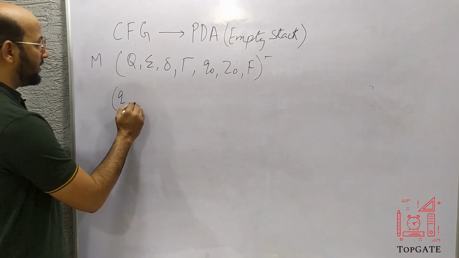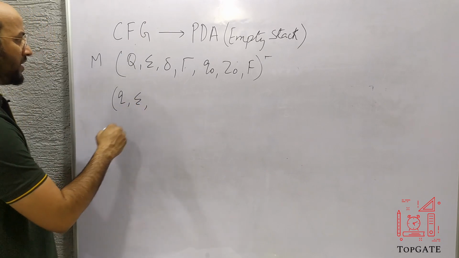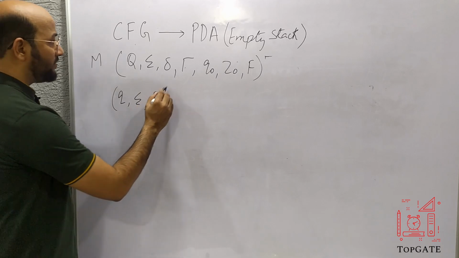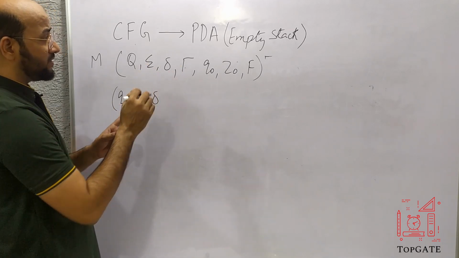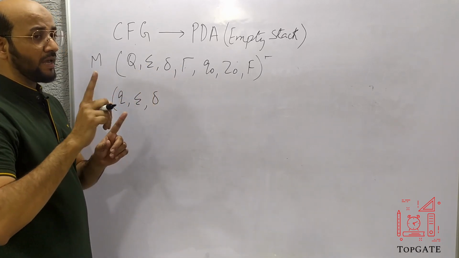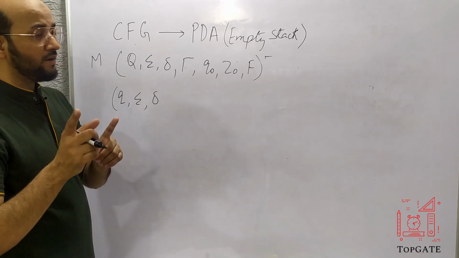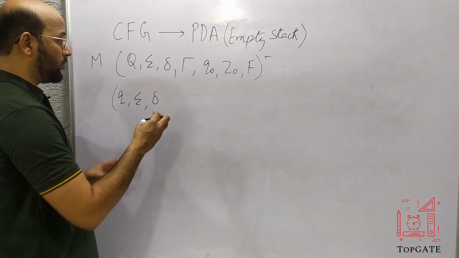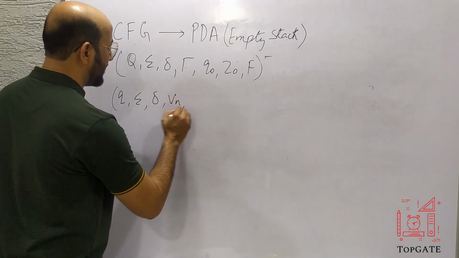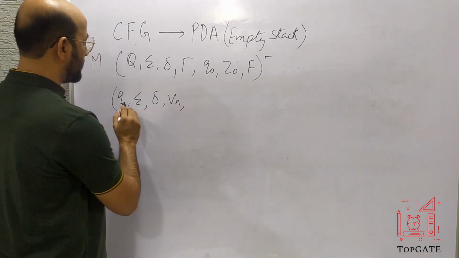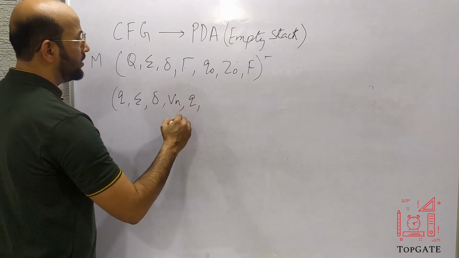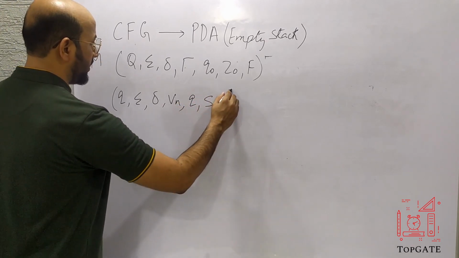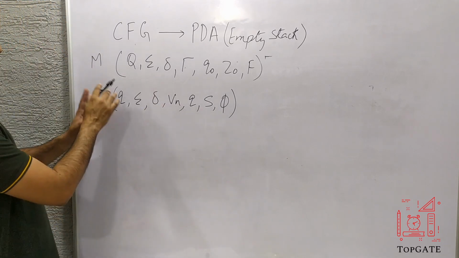So we'll take Q, then sigma will be same, then delta we'll define as the rules next, and then tau. Now in the previous case in tau we took V, that is variables and terminals. In this one we'll not take terminals, we'll take only the variables. Okay, so we'll take Vn here and then Q naught, because there is only a single state, we'll take only Q. Z naught will be S here and there is no final state.